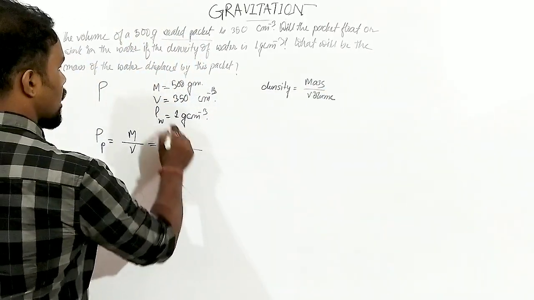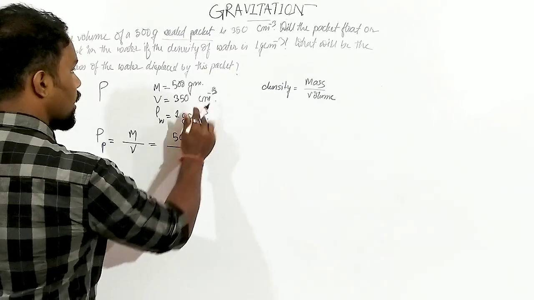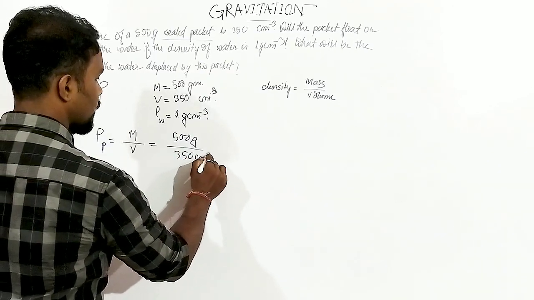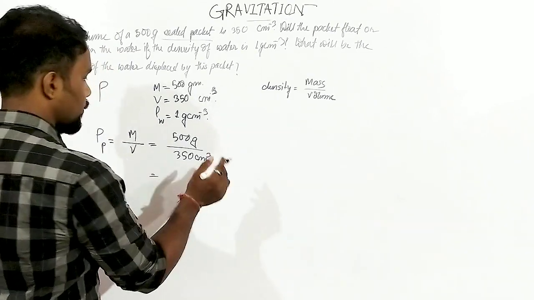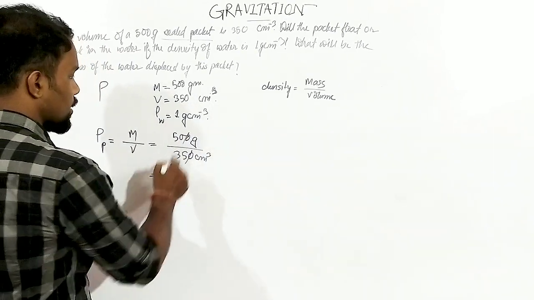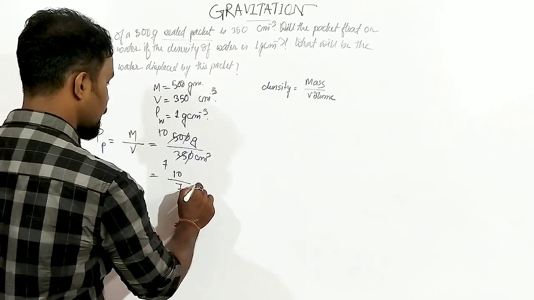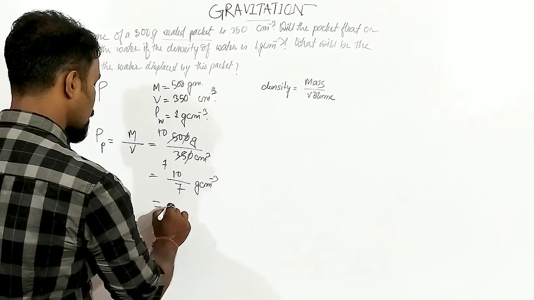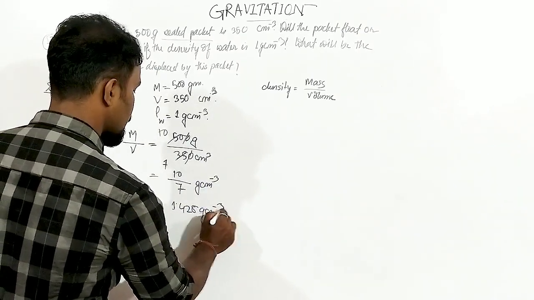The mass is given as how much? 500 gram. And the volume is given as 350 centimeter cube. Now we can cancel the zeros. Now 5 tens are 50, 5 sevens are 35, that is 10 by 7 gram per centimeter cube. So it will be almost 1.428 gram per centimeter cube.